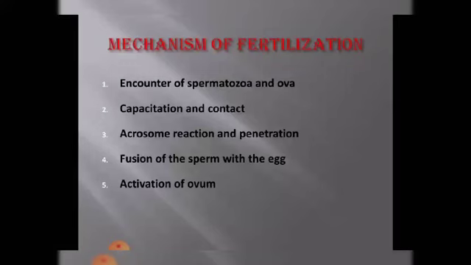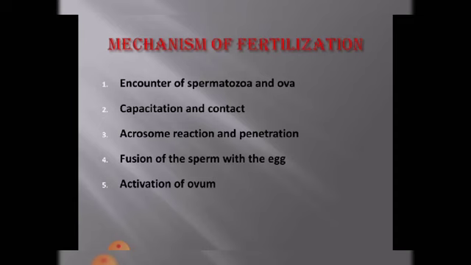So now you can see what steps happen during fertilization. Those steps come under the mechanism of fertilization. First, the encounter of spermatozoa and ova, that is mixing. Second, capacitation and contact. Third, acrosomal reaction and penetration.